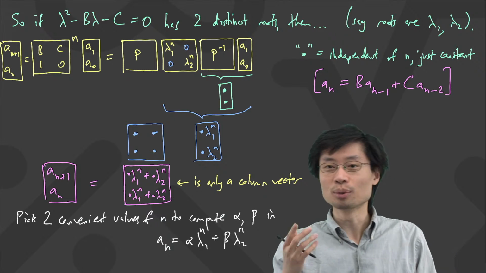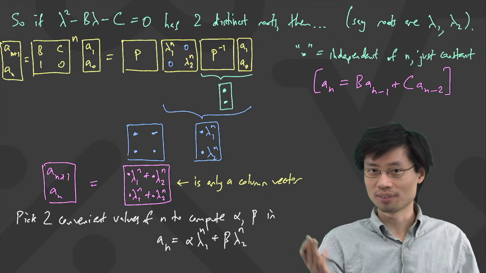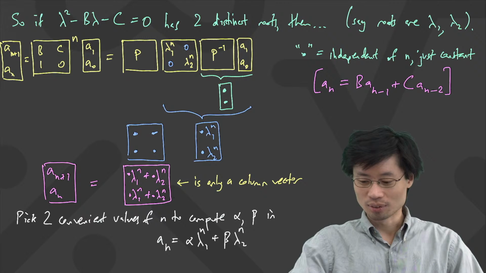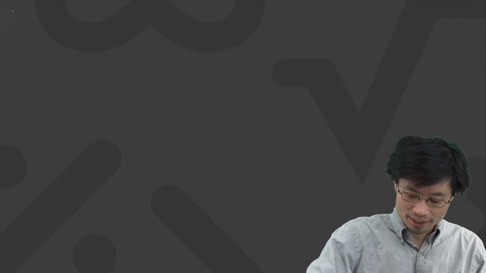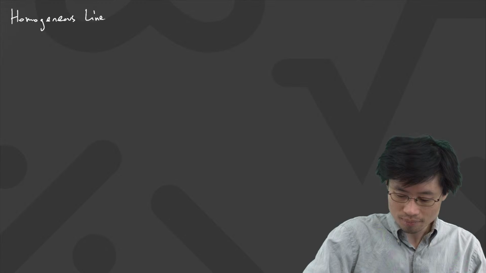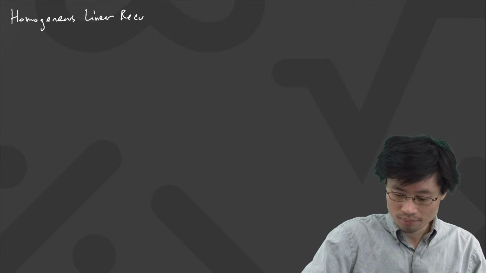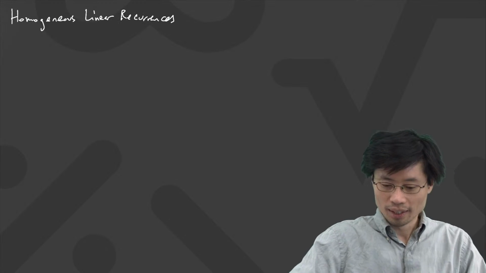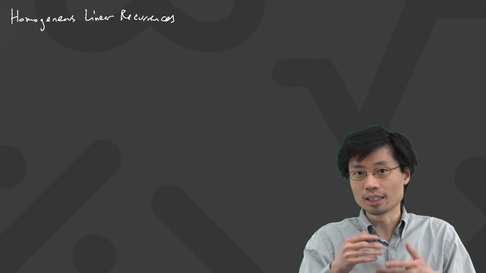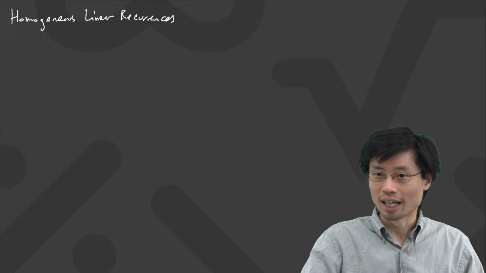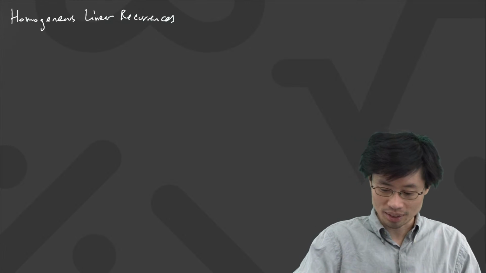With this, I want to now move into how you would do this if you had 3. This general area is called homogeneous linear recurrences. Linear means that I only have the power 1; I'm not going to multiply a's with each other.